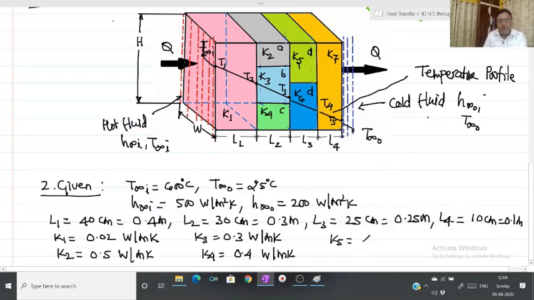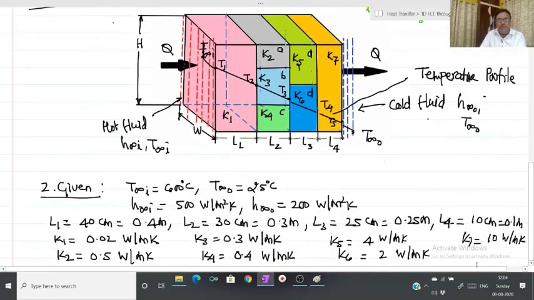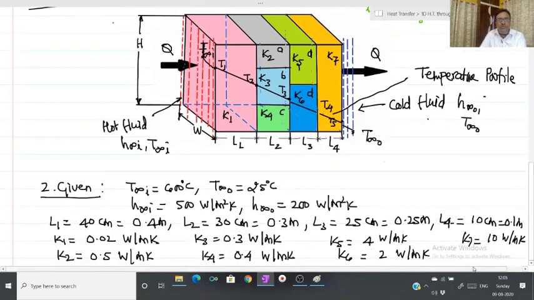K5 is 4 watt per meter Kelvin. K6 is 2 watt per meter Kelvin, and K7 is 10 watt per meter Kelvin. Let me check these values. K7 is 10, K4 is 4, K5 is 4, K6 is 2. Okay, so the values are correct.